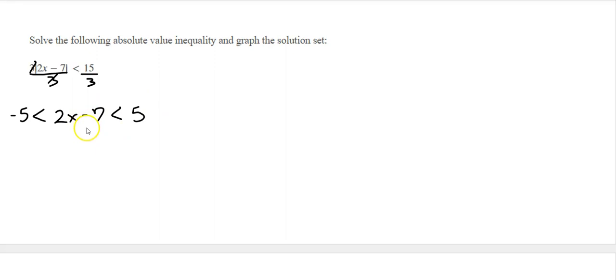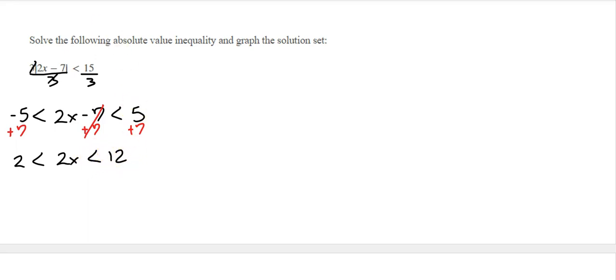To do that, just add 7 here, and what we do to one side, we have to do to the other side. That is going to reduce this down. Okay, what are we going to get over here? We're going to get negative 5 plus 7, which is going to be a 2. Copy down exactly. Okay, 5 plus 7 is going to be 12.